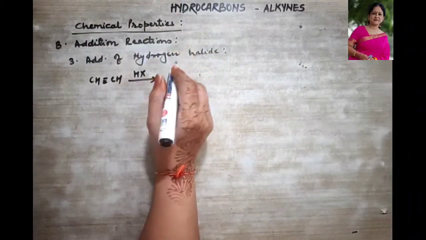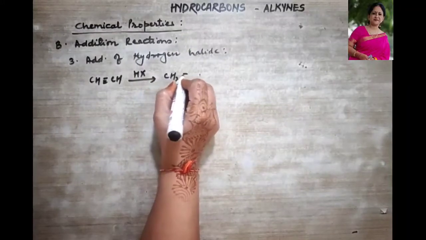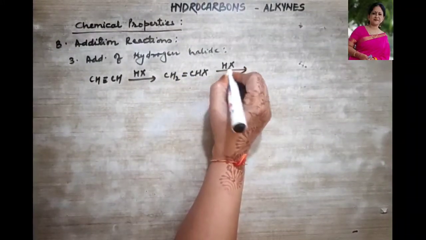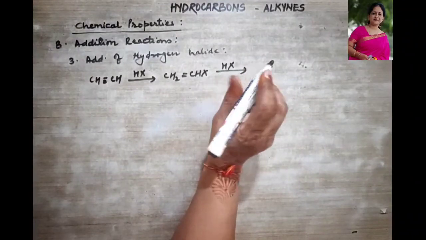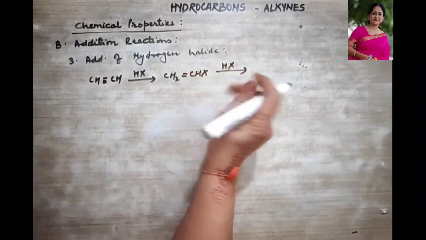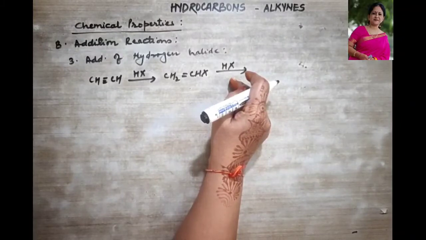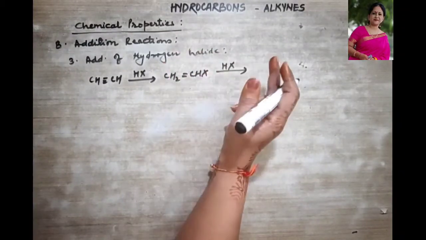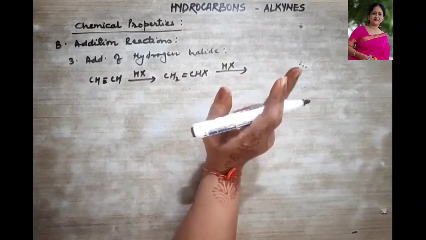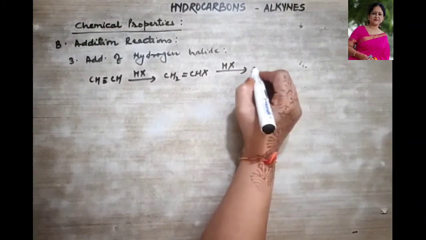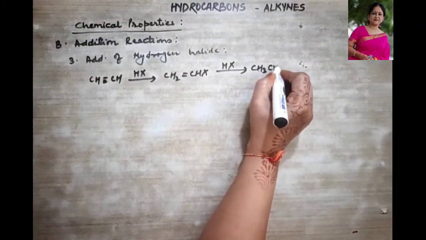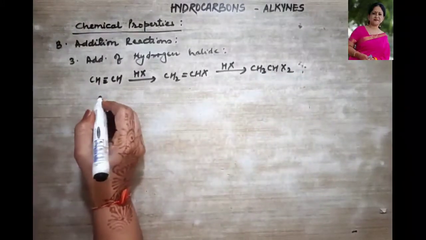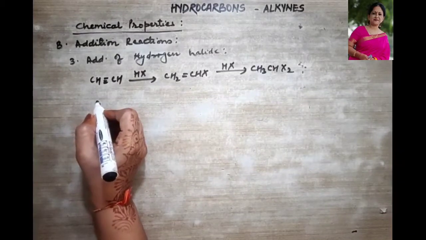A vinyl halide will be formed, that is CH2 double bond CHX. As I said, it takes place in 2 steps, right? In the second step we add excess of this hydrogen halide, and then it is going to form dihaloalkane, that is CH3CHX2.